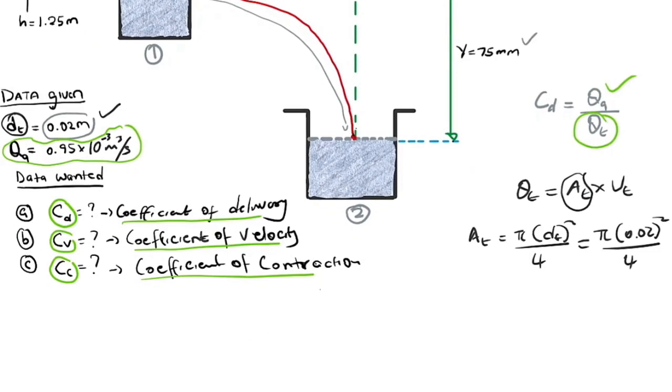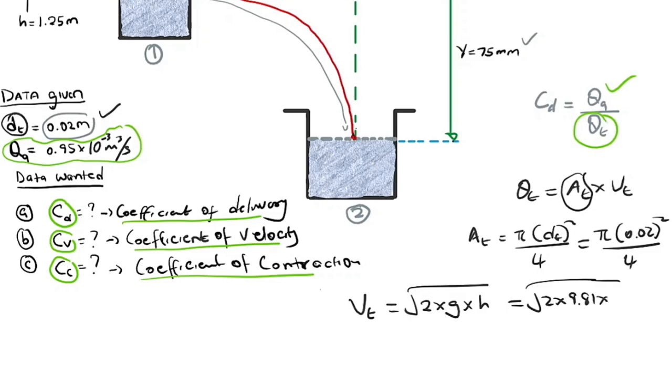To find the theoretical velocity, we use this formula: V_T is equal to the square root of 2 times gravity times the pressure head. Substituting, the square root of 2 times 9.81 times the pressure head.